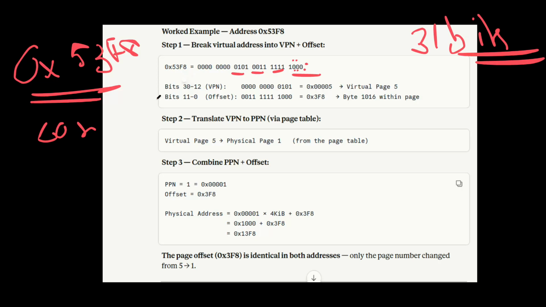You have to write 3 more bits here, because it would be a 30 bit index.